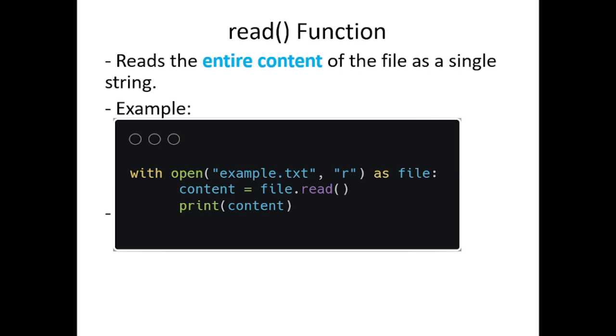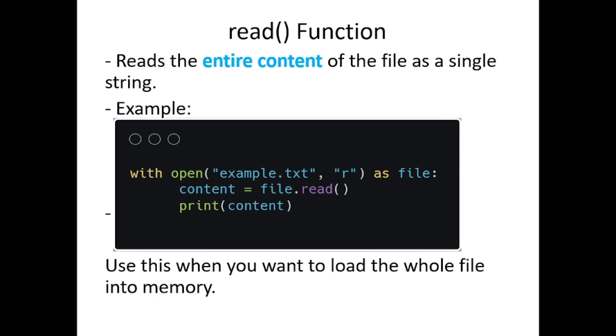We read it, and file is the object. Then by using this file object we read the content and store it in a content object, and then we print. So basically this code reads the whole content of example.txt, stores it in the content object, and in the third line we print that content. So the read function is used to read the whole content.